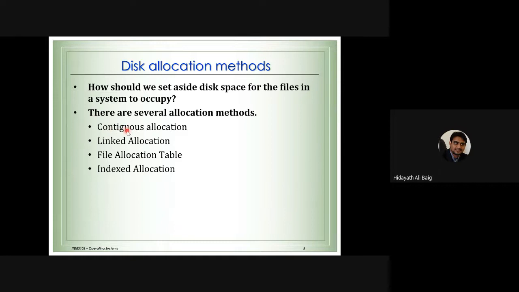Contiguous allocation. By the name itself, you can think that contiguous allocation is like continuous allocation. What do you mean by this? The file data is kept together in one location. If you remember the memory lecture, we have two types of memory allocation.